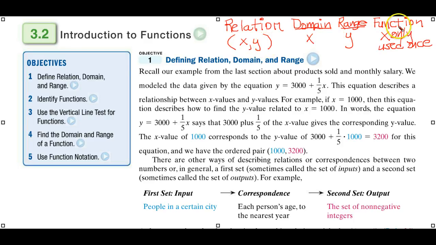Now, a function in mathematics is defined that the x element in a relation is only used once. So if we find that x element is only used once, and there's an infinite number of elements there, x is an infinite number of numbers, but in a series of relations, the x element's only used once, that specific element, then it is a function.